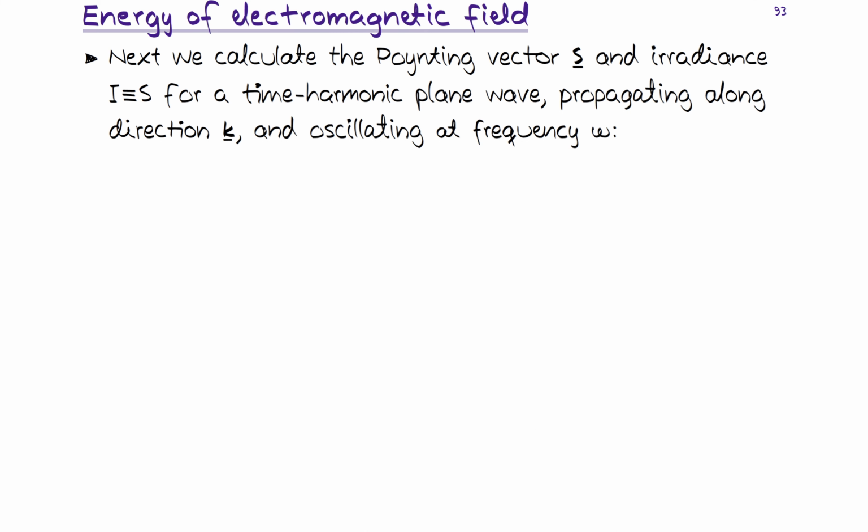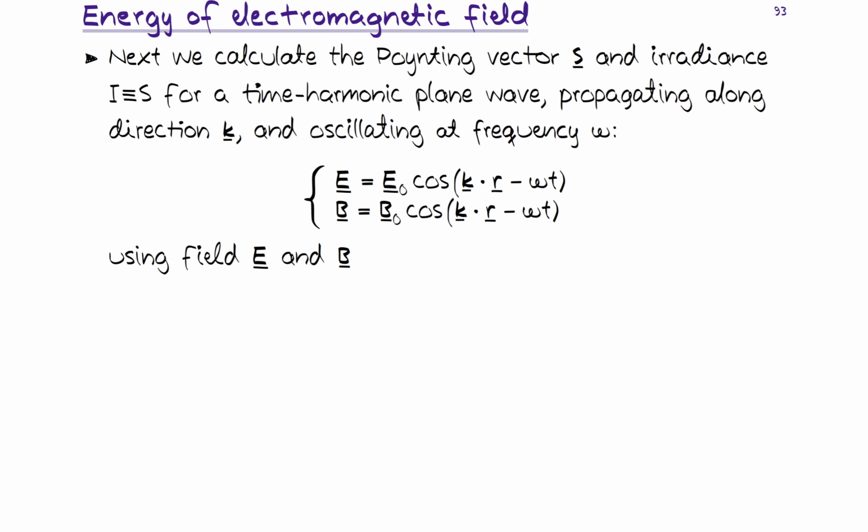The time harmonic plane wave oscillates at frequency omega, so that we can write the different field components. The E field is the field amplitude, the polarization of light, E naught, times cosine of the dot product of k, the wave vector, times the position vector r, minus omega t. Omega is the angular frequency, and exactly the same kind of equation holds for the B field.